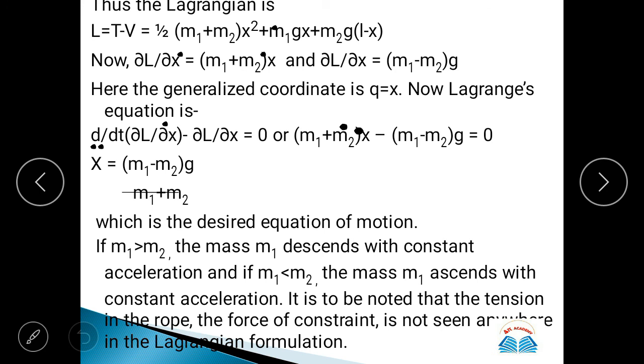It is to be noted that the tension in the rope, the force of constraint, is not seen anywhere in the Lagrangian formulation.